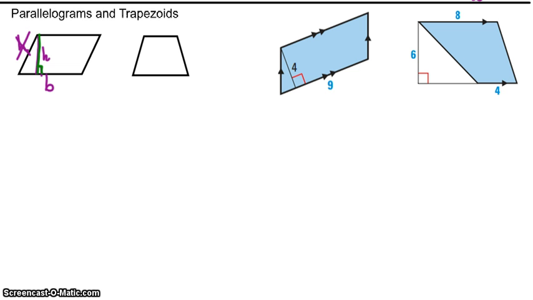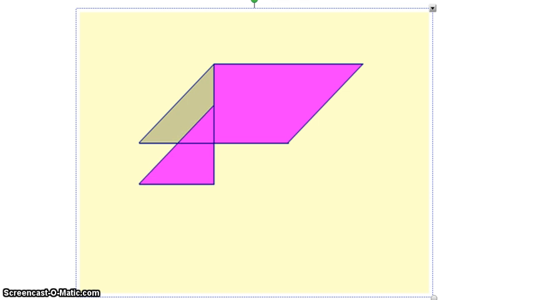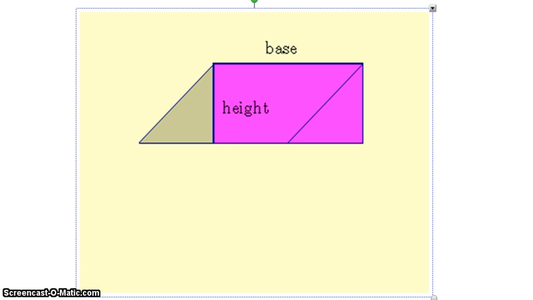Now, how do we find the area of a parallelogram if we know what the base and the height are? If you start with a parallelogram like this and draw a line in there, an altitude, to cut off that triangle on the end, we can actually translate that triangle over, or slide it over, to basically create a rectangle. Now there's the base and height we talked about before, and the area of a rectangle is base times height.